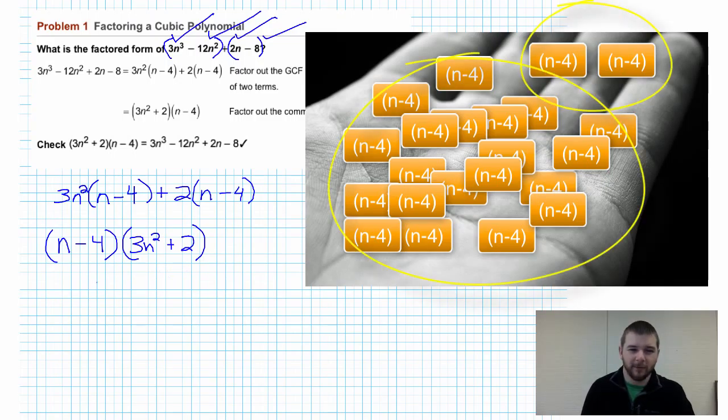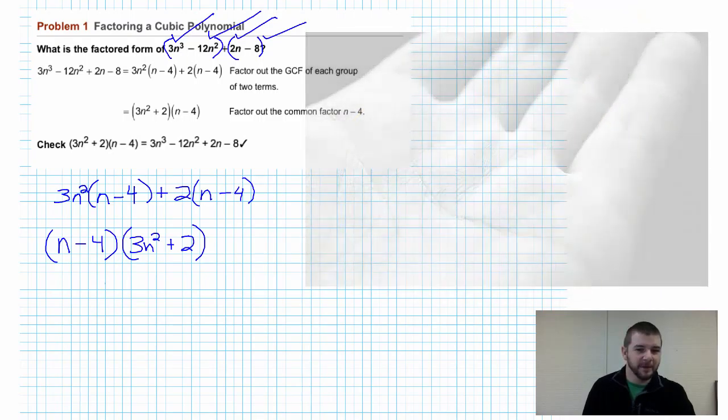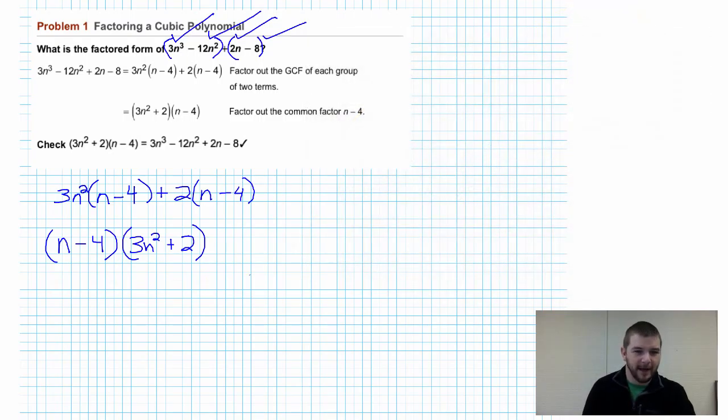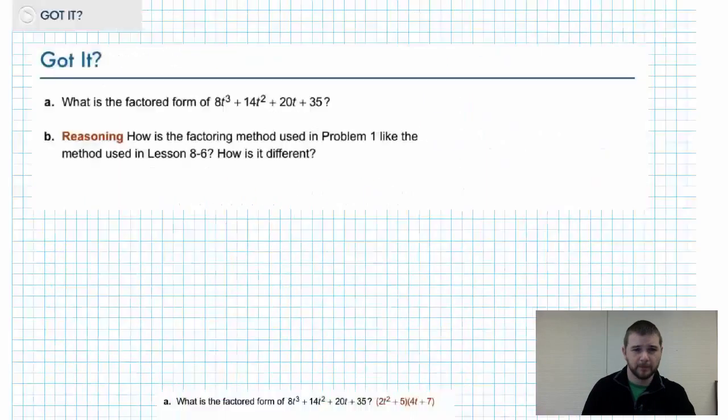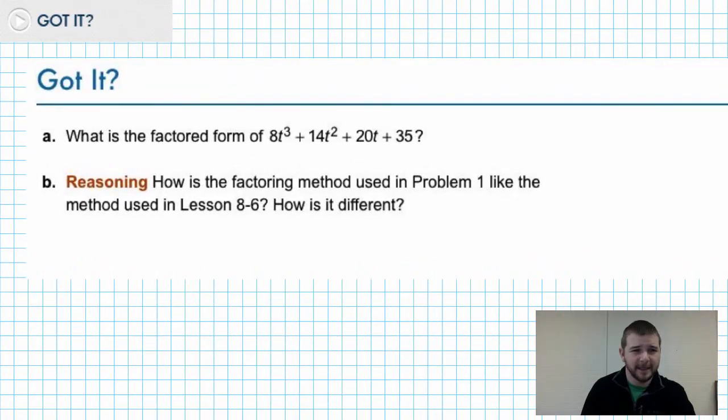So just another way to wrap your brain around the algebra that's taking place here when we factor out that common binomial, or greatest common factor of n minus 4. And there you see we have our solution.